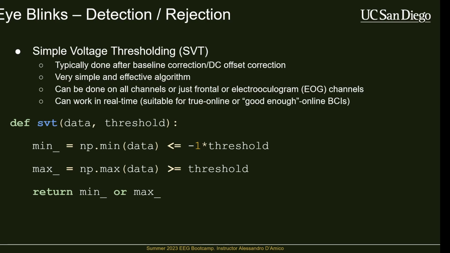This is the algorithm for detecting and rejecting eye blinks. It's called simple voltage thresholding. You typically do this after you baseline correct your data. Essentially what this means is you take your epoch and you make sure that it's centered around 0. The reason why you need to do this is all of your EEG activity is going to be offset by some fixed constant.